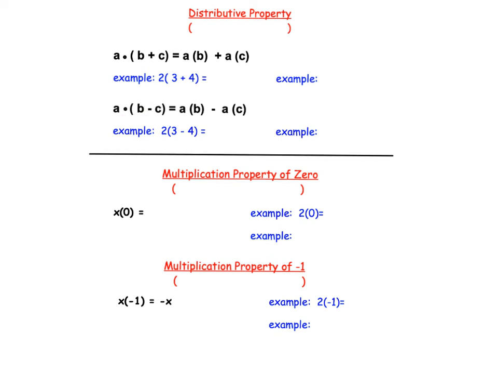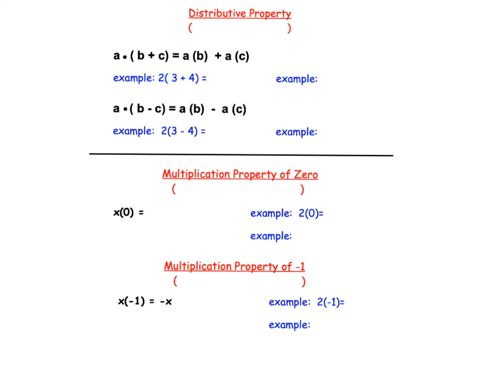You have multiplication and subtraction. So 2 times a 3 minus 4 would become 2 times 3 minus 2 times 4. This negative sign or minus sign here is accounted for right there. So you'll get the right answer. I'll skip an example for that because I think we've done enough of that.